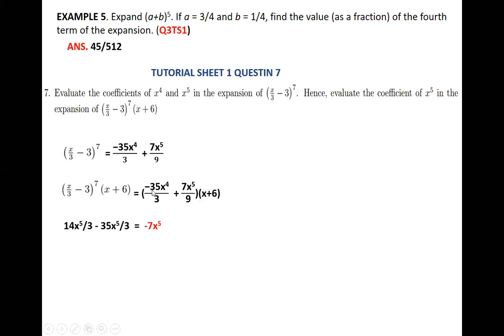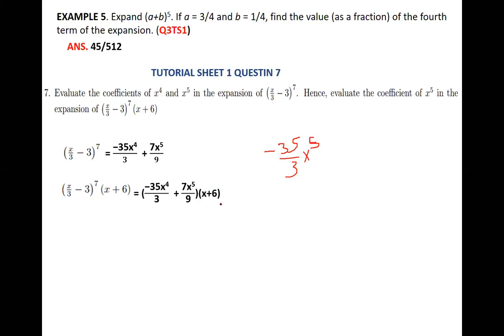When you multiply this, for instance, let me just do this. Negative 35 x to the power 4 over 3 times x. When you multiply these two, you get negative 35 over 3 times x to the power 5. When you multiply this x times that, you get that.